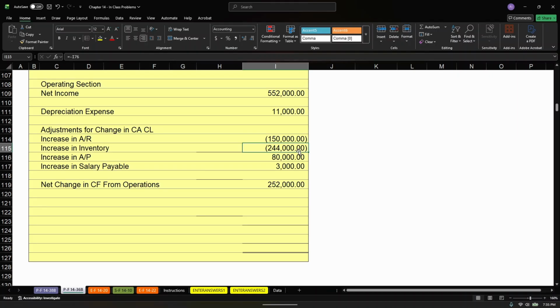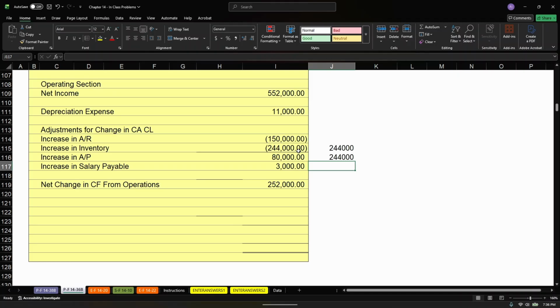So there's no cash that was transacted to buy the inventory. This increase in inventory would be offset by a 244,000 increase in accounts payable. So if I bought inventory of 244,000 on credit, I would have had this negative adjustment for cash, but it would have been totally offset by a positive adjustment in accounts payable.